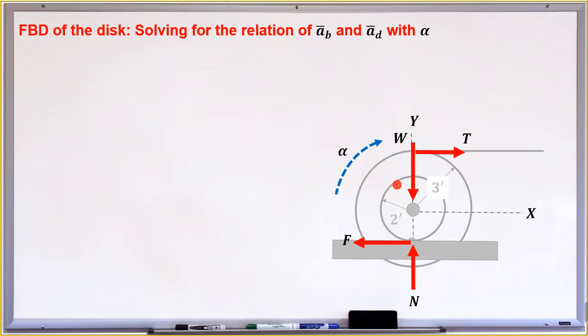So what happens here is that, in the previous problem we followed that if our assumed direction of our angular acceleration is clockwise, then automatically our direction of our frictional force is towards the right.